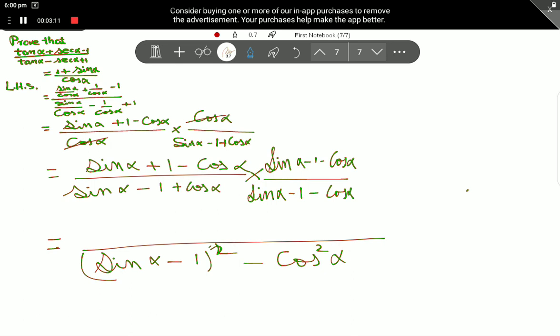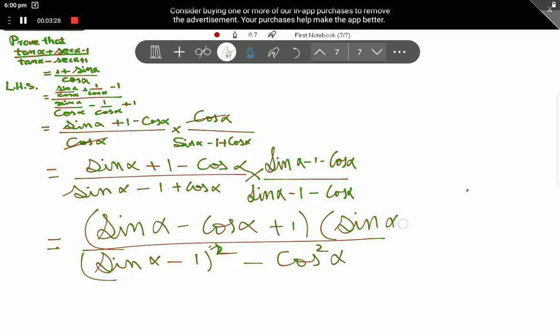Now, we don't have a single result in the numerator, but we actually can get one. We just need to rewrite it: sin alpha minus cos alpha plus 1, and sin alpha minus cos alpha minus 1.